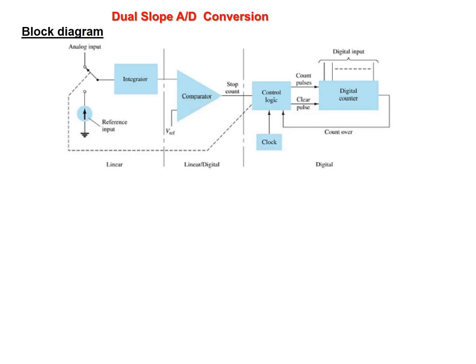One input is the output of the comparator, and the other input of the AND gate is the clock. Based on that, it counts in the digital counter, and the corresponding digital output for this analog input is obtained here. I'll now explain the detailed operation of a dual slope analog to digital converter.